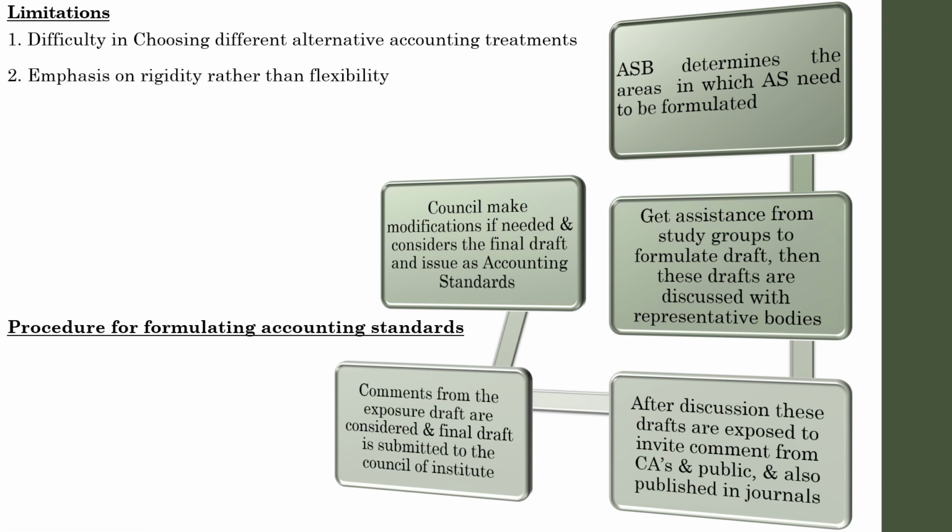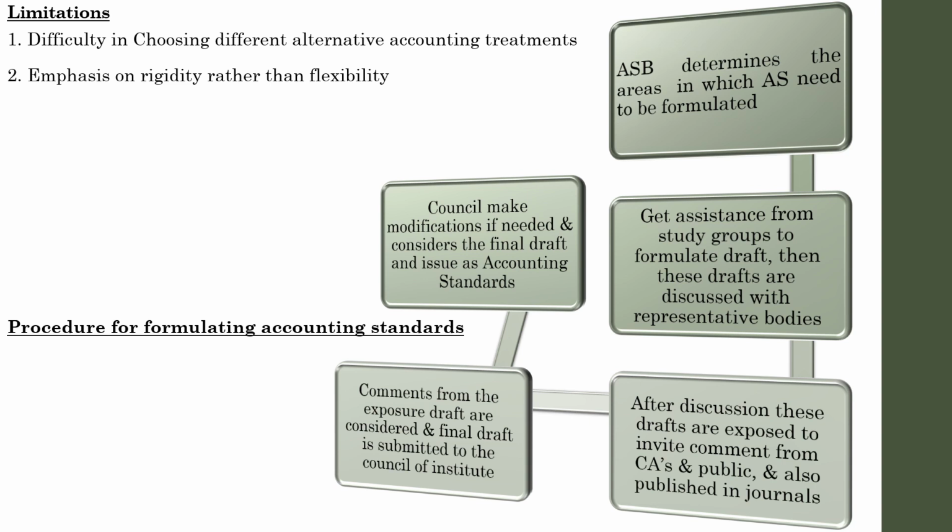Next one, emphasis on rigidity rather than flexibility. There may be a trend towards rigidity and away from flexibility in applying accounting standards. That is not only relating to accounting standards, it will be related to anything that follows a set of rules and regulations. One of the main issues with rules and regulations is that they will be more rigid.